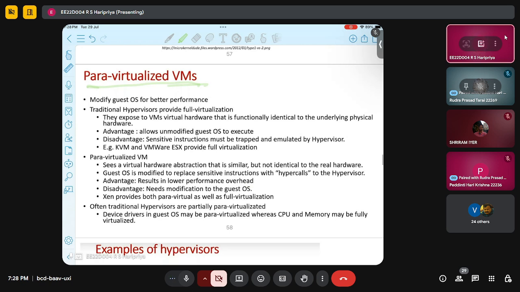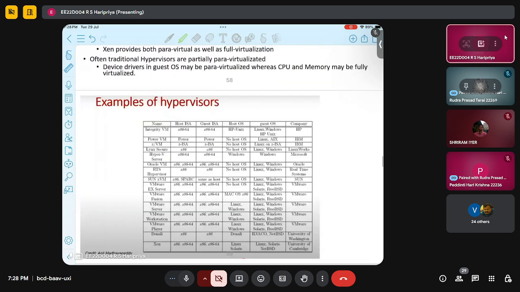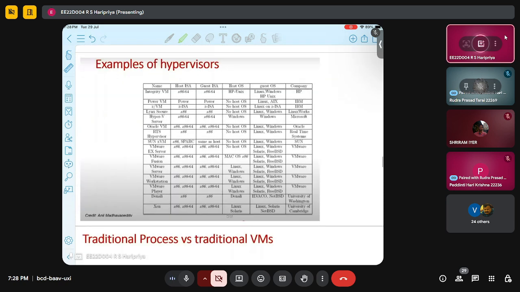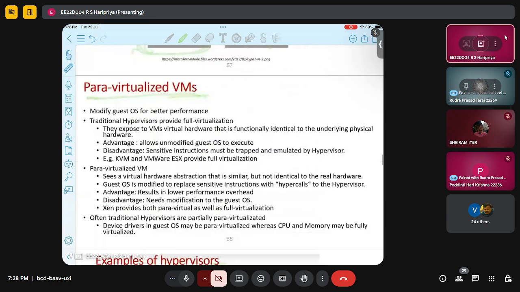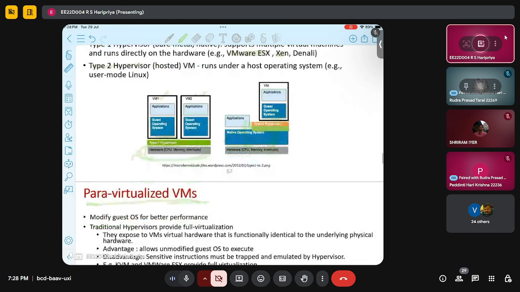Okay, so let's go to the examples. These are some of the hypervisor examples. I think these three types of hypervisor are clear: in type 1 we have to write it completely from scratch, and every guest OS goes through the hypervisor. Here the guest OS comes through the hypervisor, then the operating system, so we need not write everything from scratch.